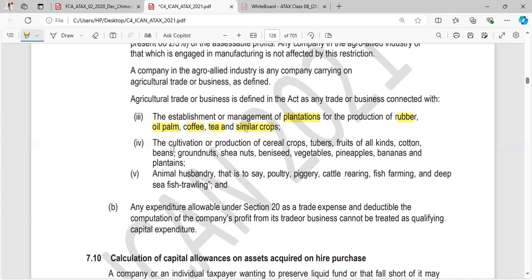Then cultivation and production of cereal crops, tubers, fruits of all kinds, cotton, beans, groundnuts, all of these. Animal husbandry.